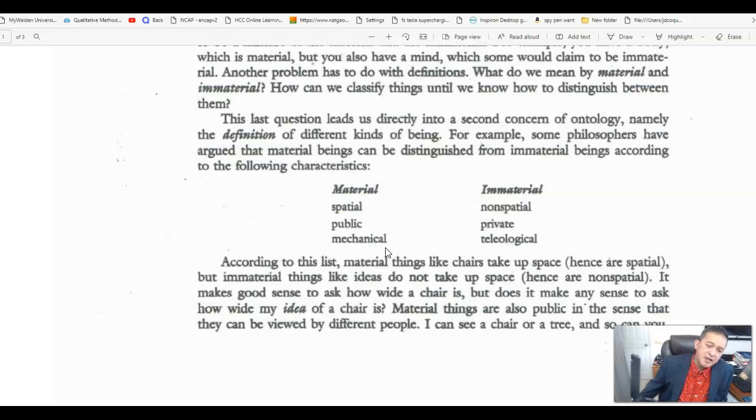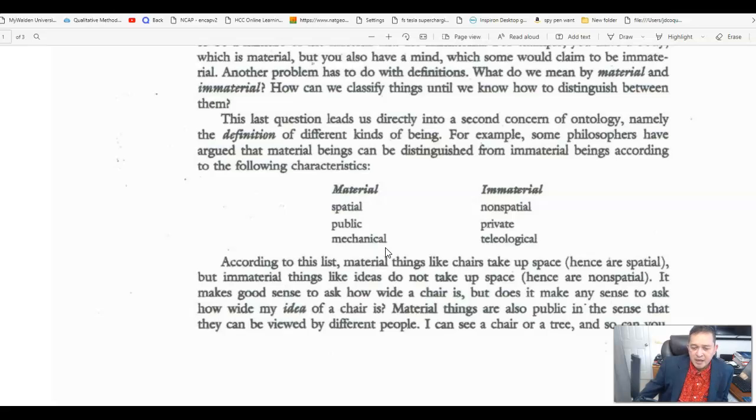Now, immaterial being are the opposite of material being. So, if material being is spatial, it occupies space. Immaterial being, like ideas, doesn't occupy space, so non-spatial. It's private because no one would know what's inside your mind as an idea. And so it is you who knows. Unless you reveal it, then you say, this is what I'm thinking right now.